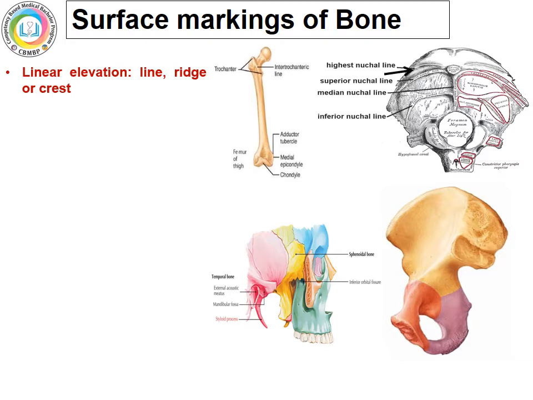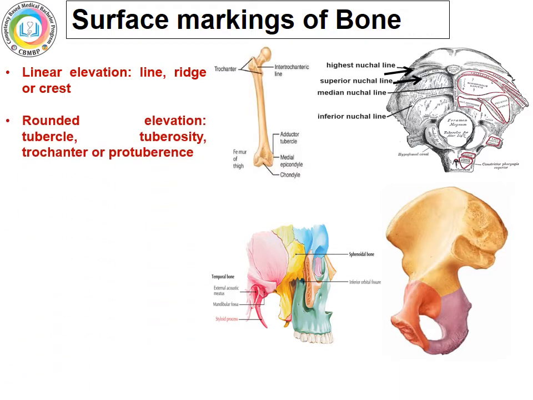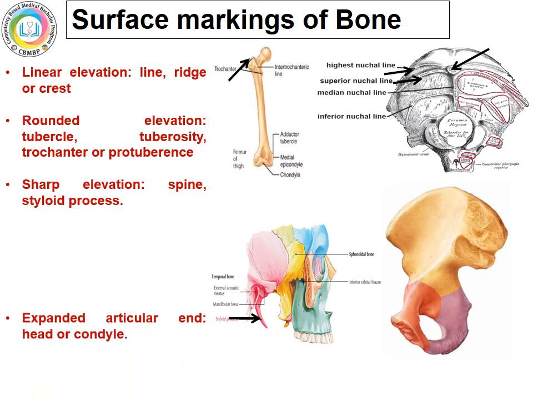Here, this is a line and this is a line. A rounded elevation may be called a tubercle or tuberosity or trochanter or protuberance. This is a trochanter. This is a protuberance. It may also be a sharp elevation. If it is sharp, it may be a spine or styloid process. This is a styloid process.